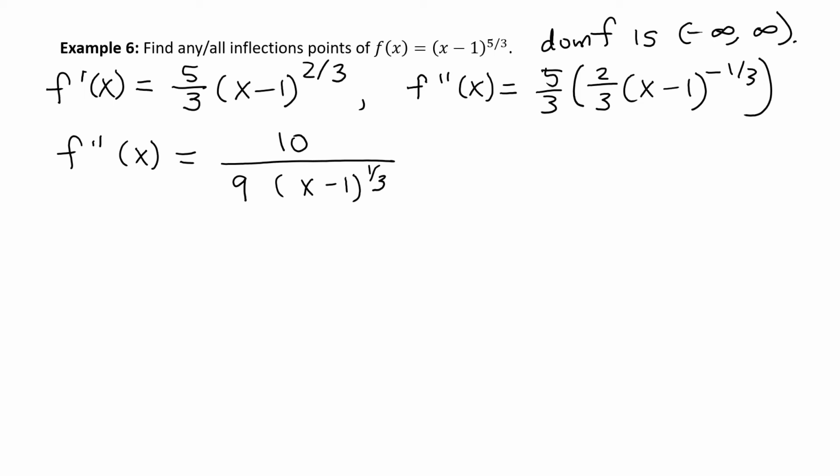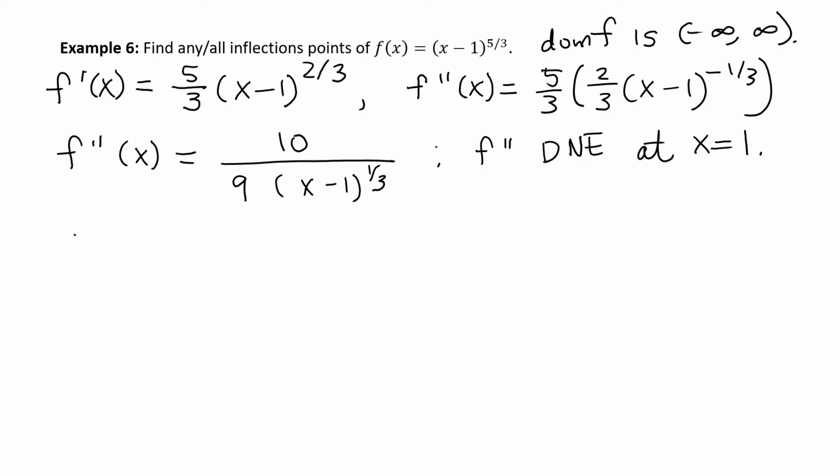We would have inflection points where the second derivative equals 0 or where the second derivative is undefined. We know that the second derivative does not exist at x equals 1. That's because that would give you a 0 in the denominator, and there is no place at all where the second derivative would equal 0 because the numerator is 10.